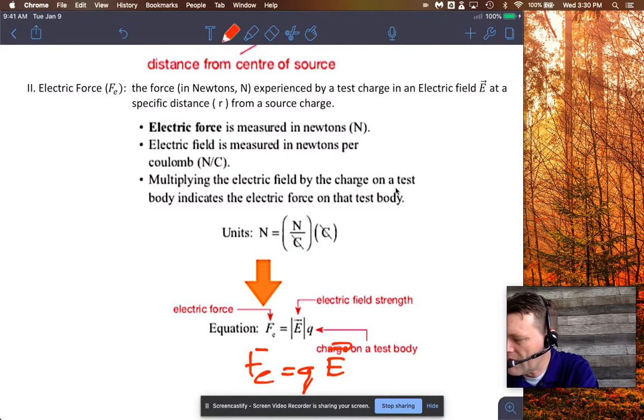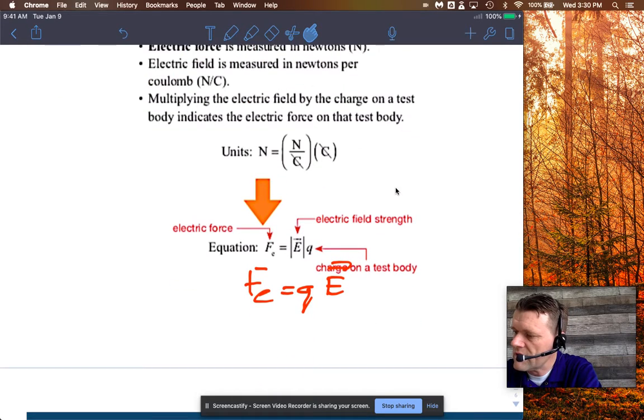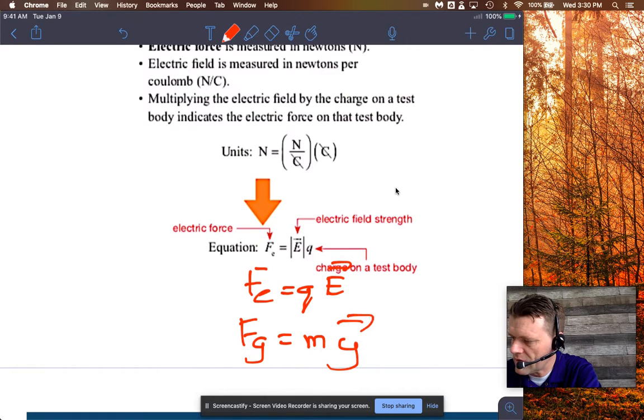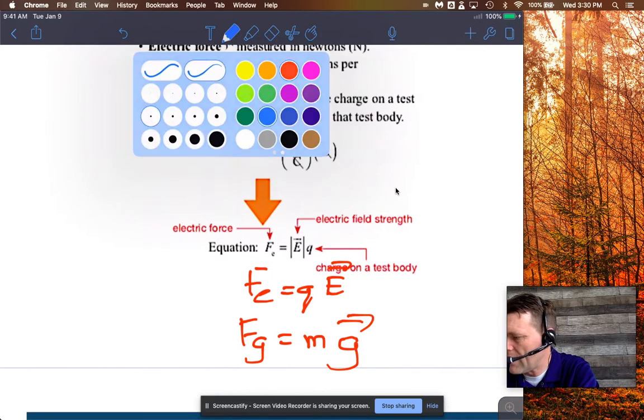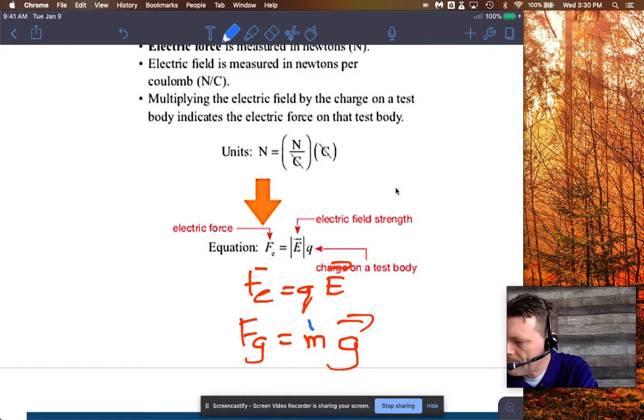Now, obviously, that doesn't matter mathematically, but the parallel comes from the fact that we don't use mass, we use charge, and we don't use gravitational field strength, we use electric field strength. So there's the parallel. I like that a little bit better if that helps you, because those two are similar, and those two are similar.